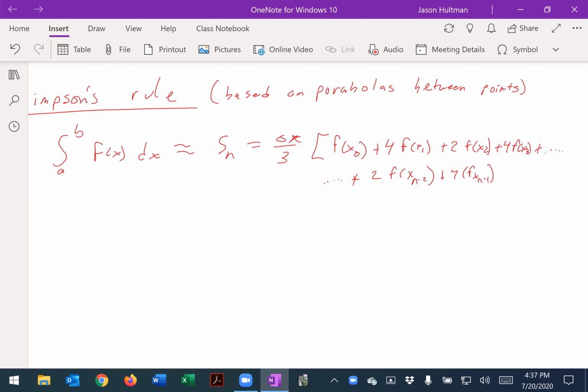Oops. Let's get the parentheses correct. 4 f of x plus, and the very last one, f of x sub n, does not have any.